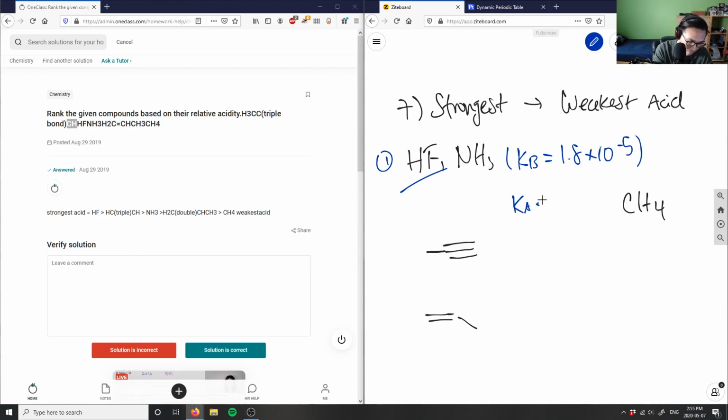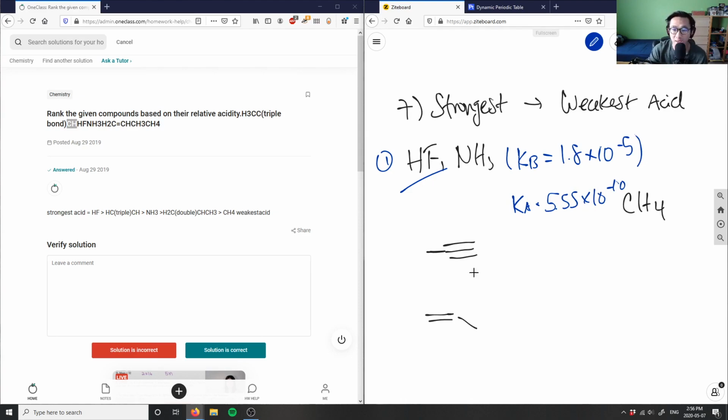I think I input a positive 14 by accident. This is negative 5. Yeah, so it's 5.5 times 10 to the negative 10 here. So as you can see, the Ka is pretty small.